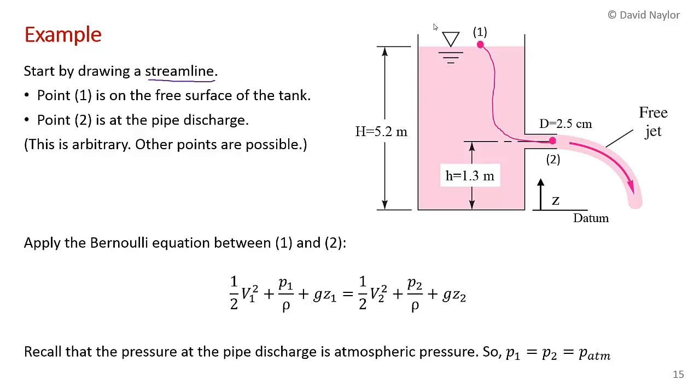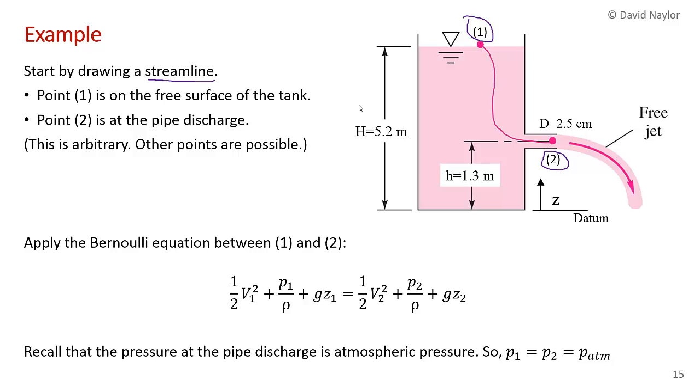So point 1 here is at the free surface, and point 2 is at the discharge from the pipe, right at the very discharge. Now, points 1 and 2 are somewhat arbitrary. You can use other points. We'll talk about this in future examples. So other points are possible, but as you'll see, this is a pretty smart choice that makes the analysis easy.